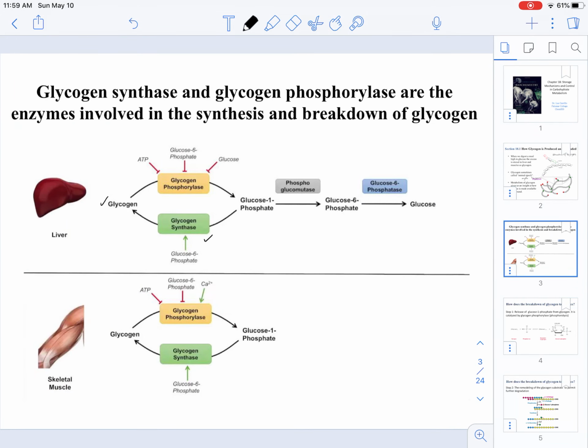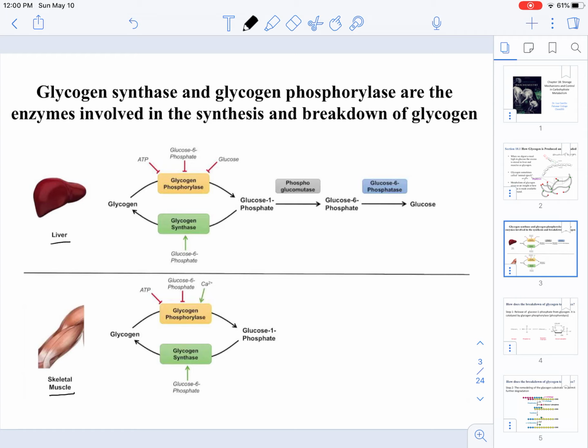So, as I just mentioned, when it comes to the storage of glycogen, we're going to be observing this storage specifically in liver and in skeletal muscle. Specifically, the enzymes that are involved in the cycling of glycogen, meaning the breakdown but also the synthesis, are going to be the following.